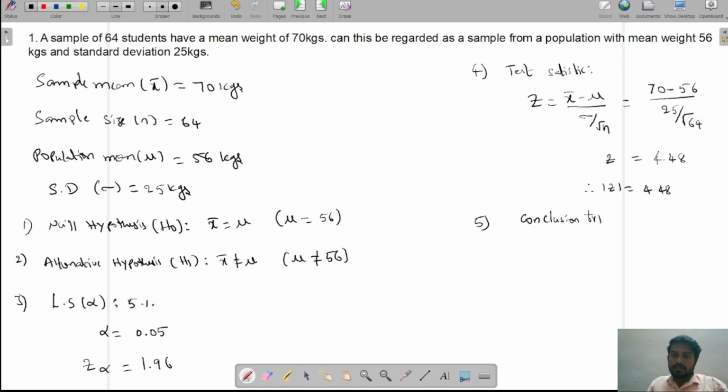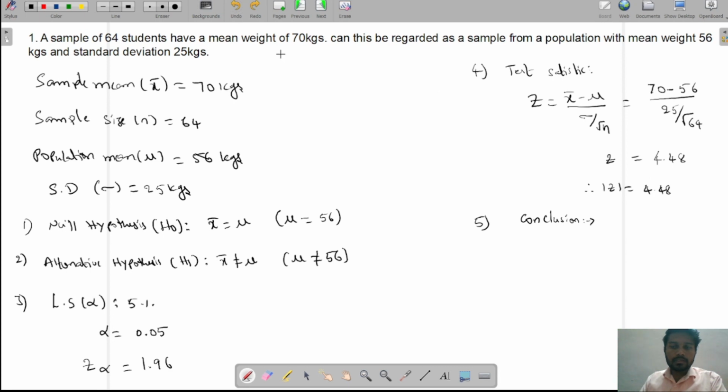So fifth step, that is conclusion. Or we can also say that the step number 5, that is decision, right? So what is the conclusion here? Here I got z alpha value 1.96 and modulus of z value 4.48.